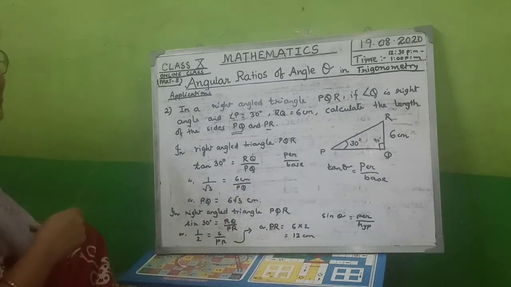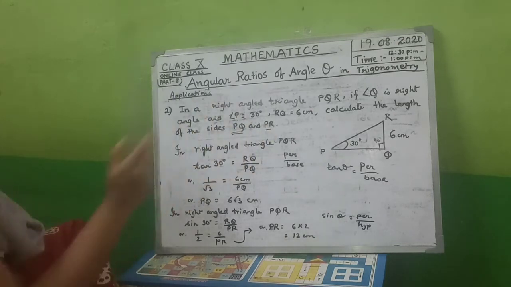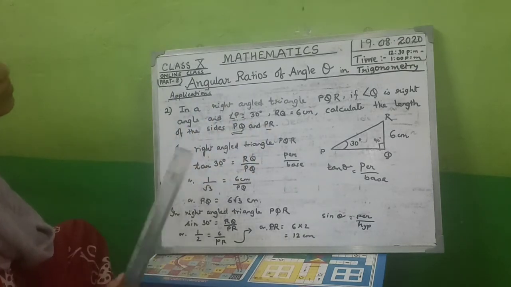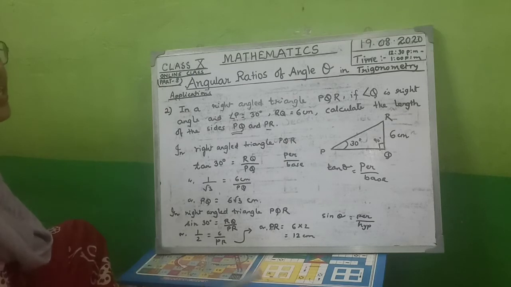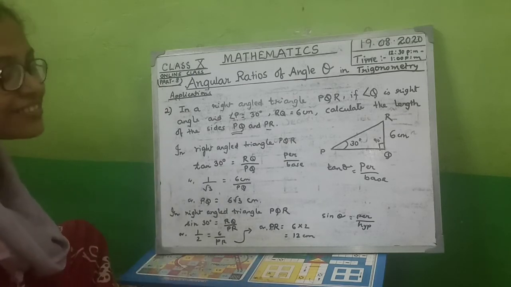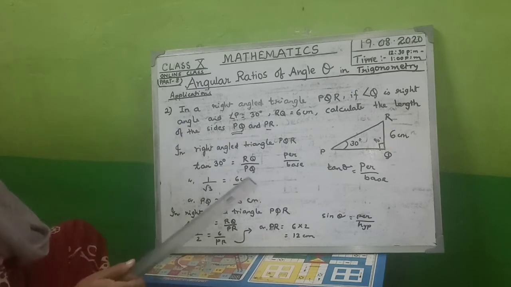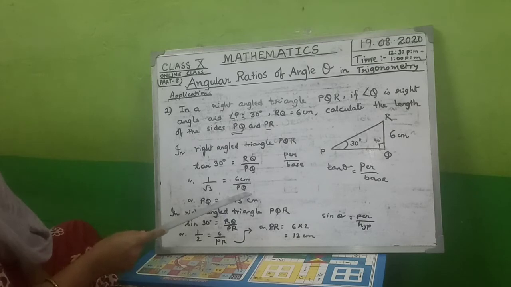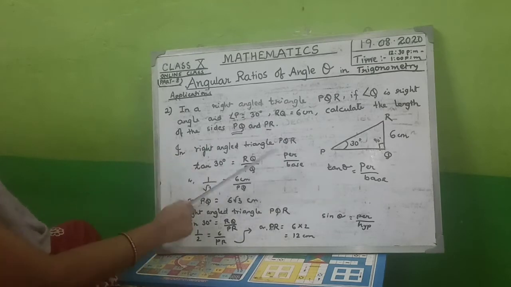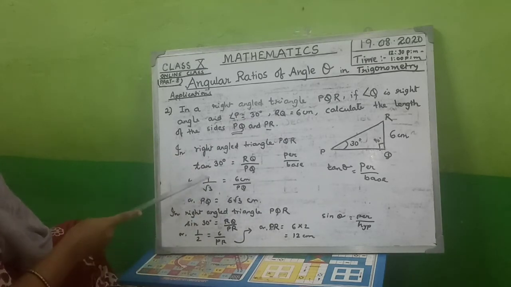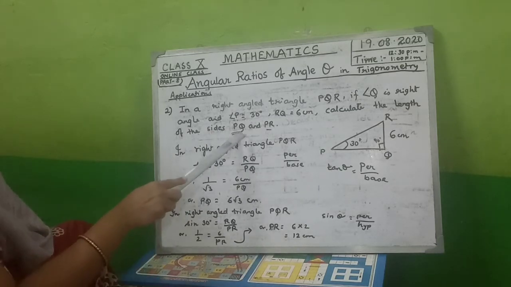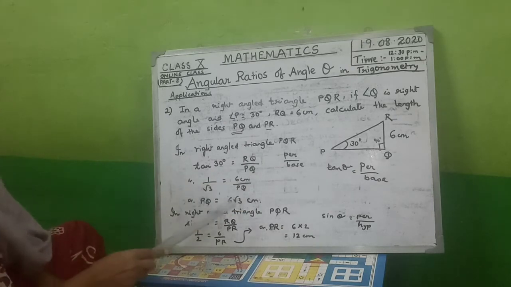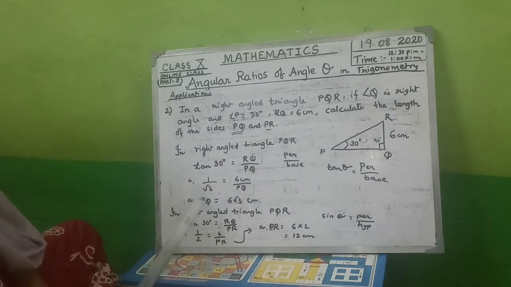Now, just now I have dealt with all the angular ratios. What is tan 30? If you have memorized, tell me instantly. And if you have not memorized, you glance through the ratios and copy them in your copies. That is 1 by root 3. Now, just cross multiply. What you are getting? 1 into PQ is PQ, 6 into root 3 centimeter. So, we got the first side, that is PQ is equal to 6 root 3 centimeter.